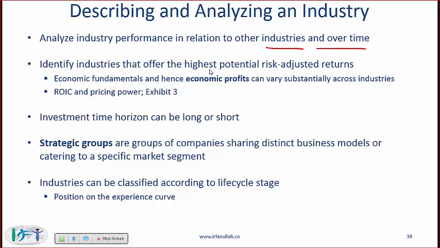Identify industries that offer the highest potential risk-adjusted returns. You look at economic fundamentals, and hence economic profits can vary substantially across industries. The curriculum shows an exhibit where it says that at a given point in time you might have certain industries that have a much higher return on invested capital than others.